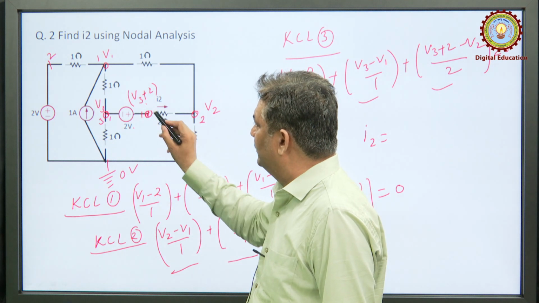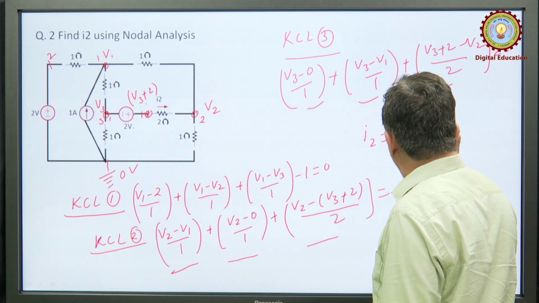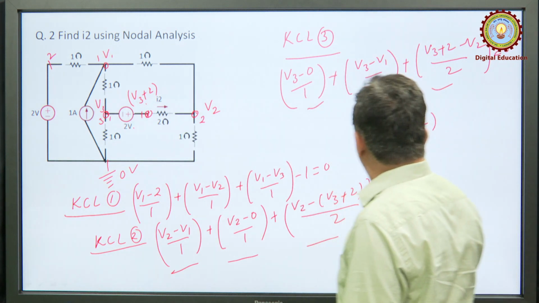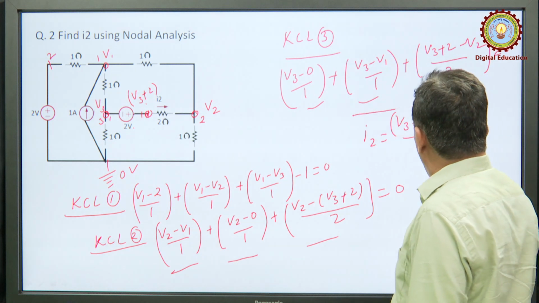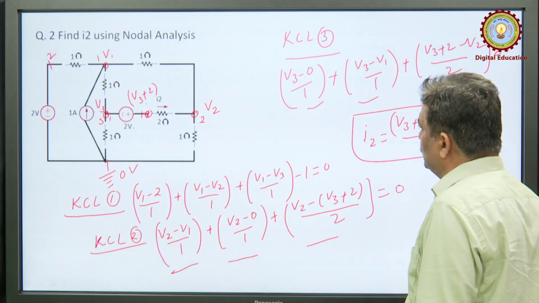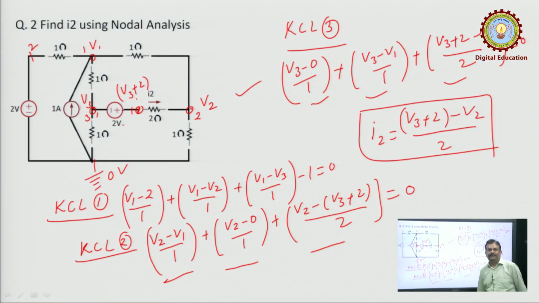So, this will be at higher potential V3 plus 2 minus V2 divided by 2. So, this is how we will find out current I2 in this branch using nodal analysis.